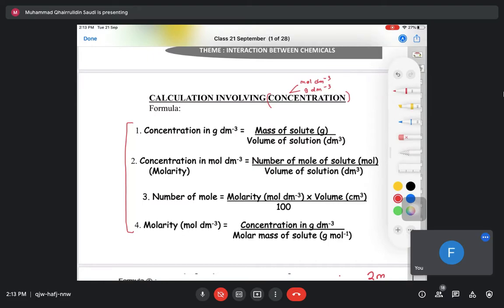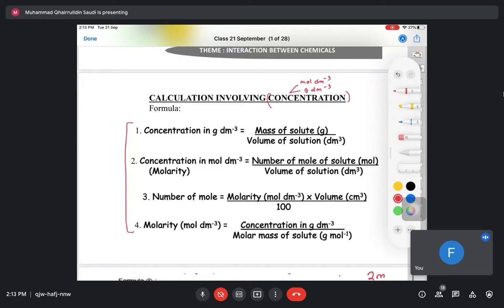At the end of this lesson, you should count your marks and write them down when you submit your picture in Google Classroom later.